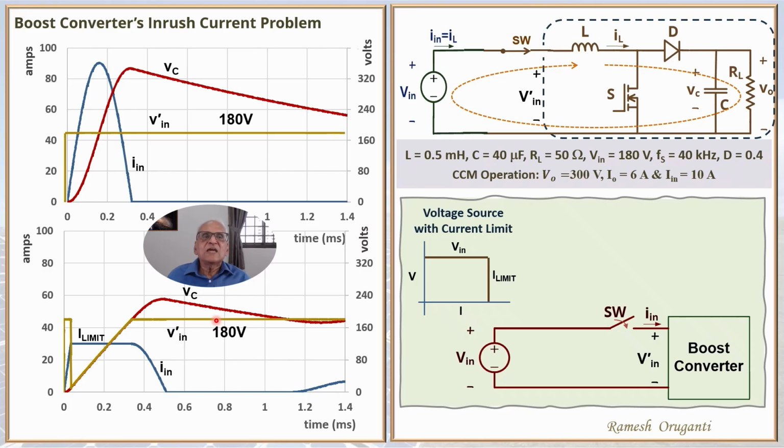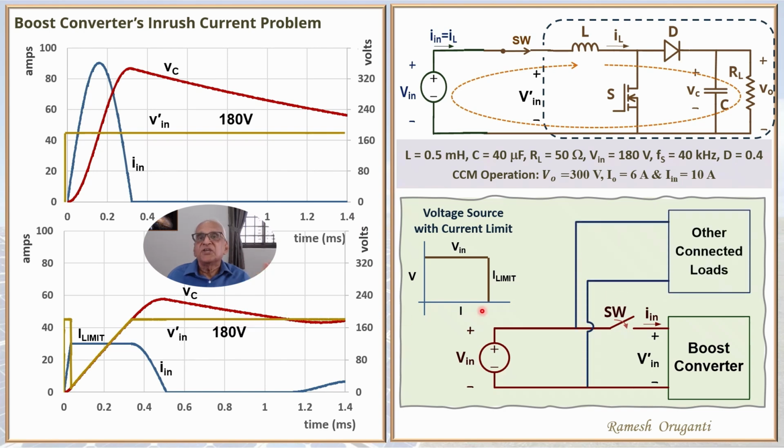There may be other connected loads which are already operating, other electronic loads which are already operating. During this interval, the input voltage or the source voltage is limited by the current and it drops. For quite some time, it drops. So the voltage seen by the other connected loads has a dip.